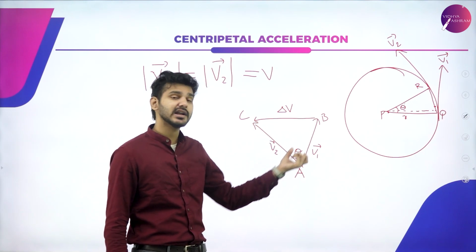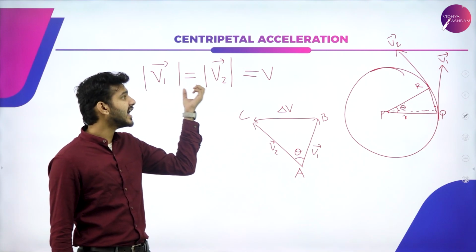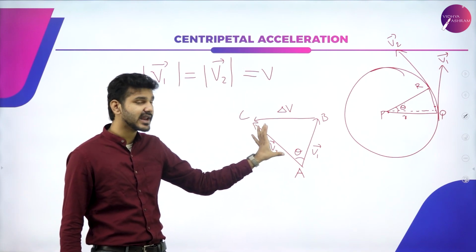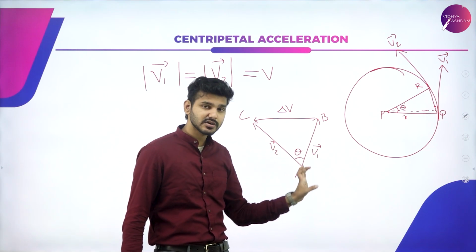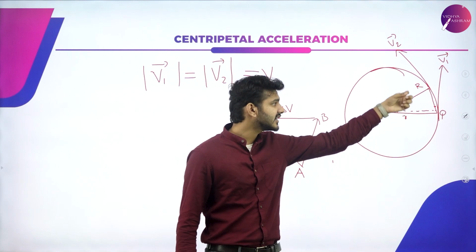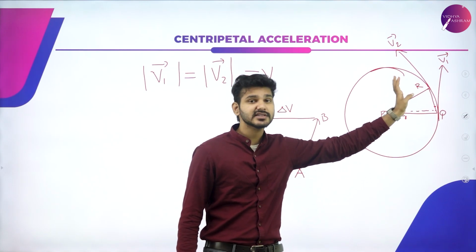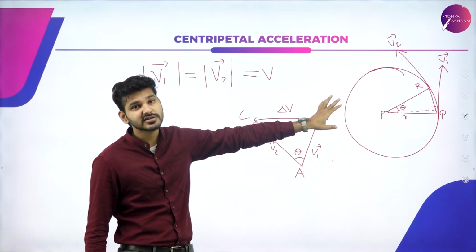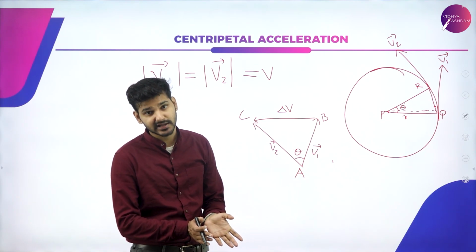Two sides are equal, that is, vector v1 and vector v2 have the same magnitude. If I take it as length, these two lengths are equal. And this angle is equal to this angle, and these two sides are also equal because this side is also a radius, this side is also a radius. So these two triangles are actually similar triangles.